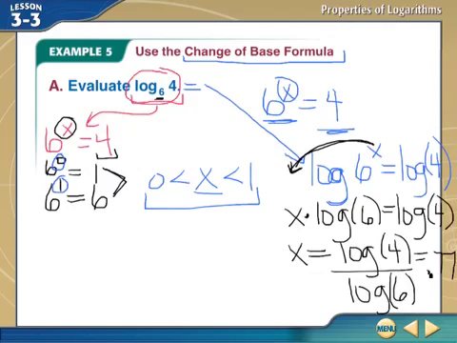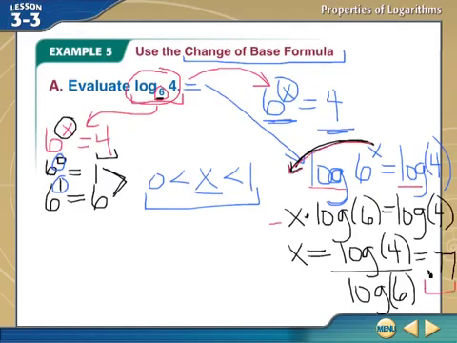What we've done here is basically change the base on this logarithm. We started out with a logarithm in base 6, and by rewriting it exponentially and taking log base 10 on both sides, I could apply the power property and then divide both sides by log of 6 to get 0.77.